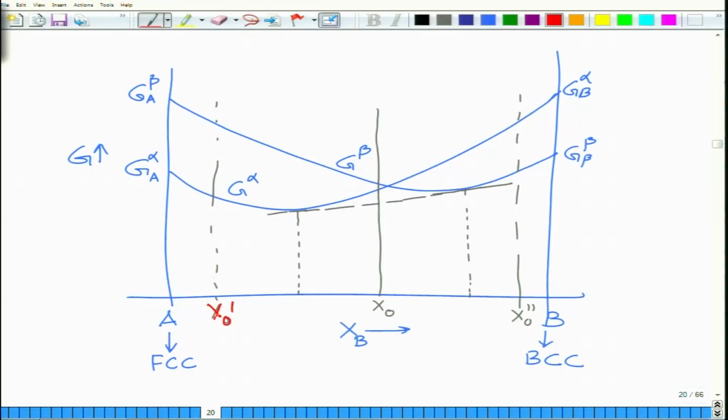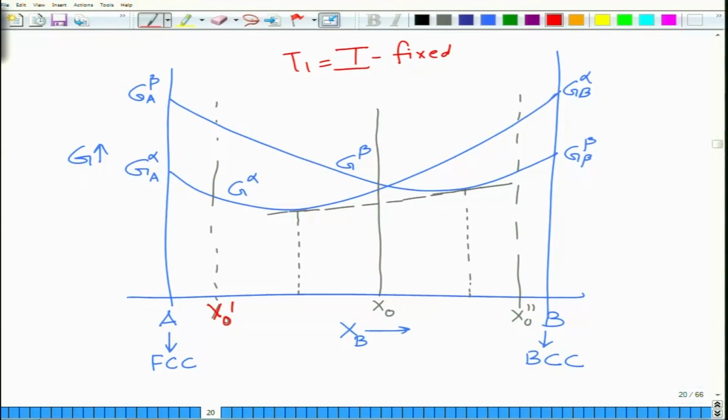At this composition, G A alpha is lower than G B beta, and the phase that is stable at this composition at a fixed temperature, let us say T is equal to T1, is a single phase structure, that is the alpha phase.